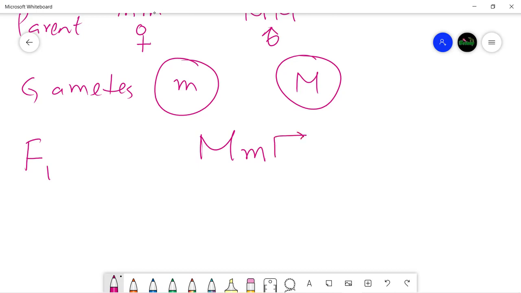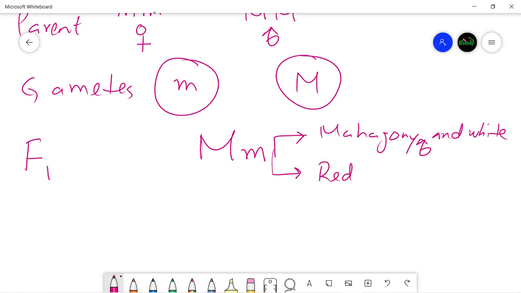So if the individual is a bull, its coat color will be mahogany and white if it is a male. And if it is a female, then its coat color would be red and white.